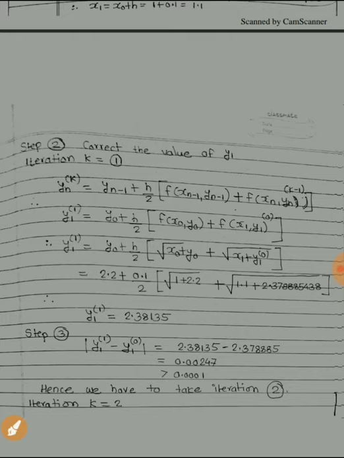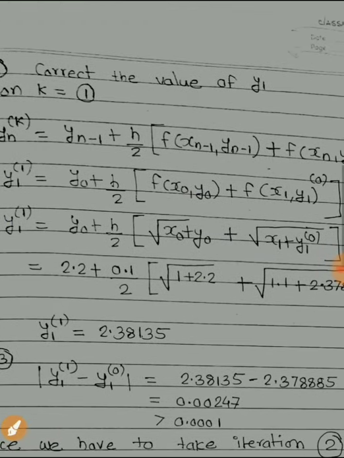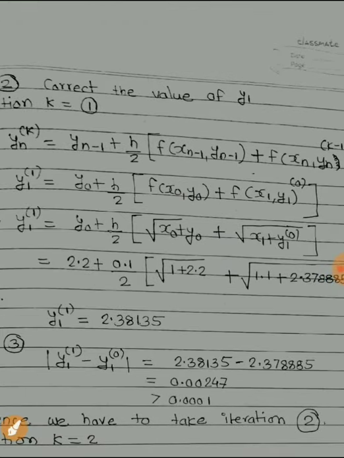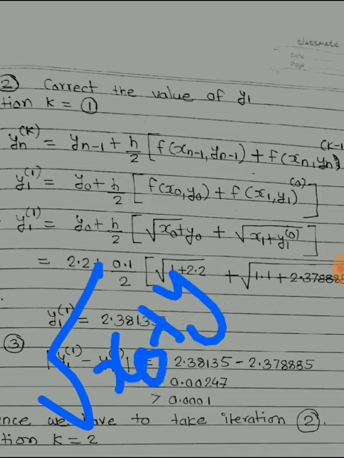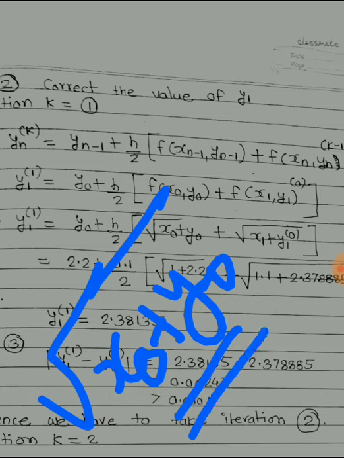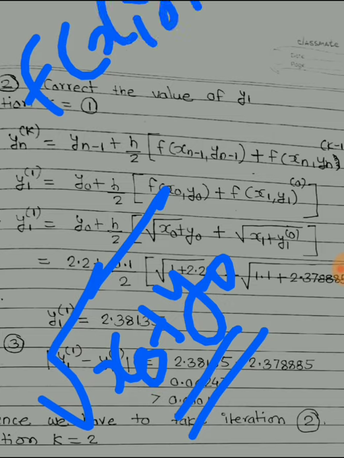And if I put those values, y1 raised to power 1 is equal to y0 plus h by 2 in bracket. What is the term in the bracket? Square root of x0 plus y0. Now, where has this term come from? It again comes from the given equation: f of x y is equal to square root of x plus y.